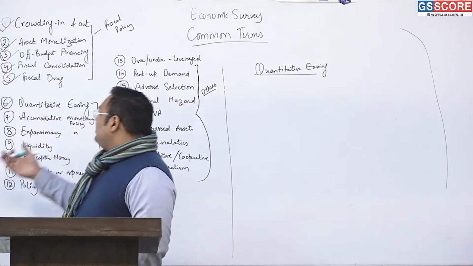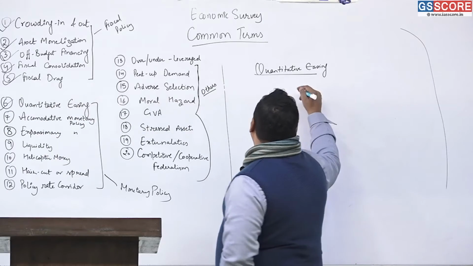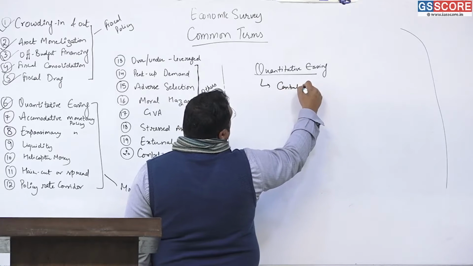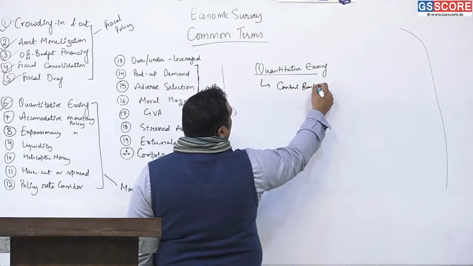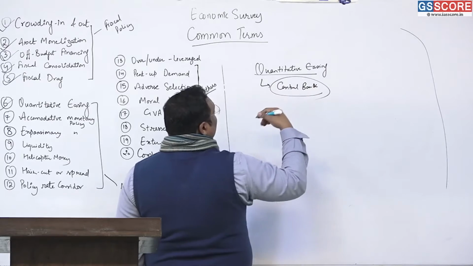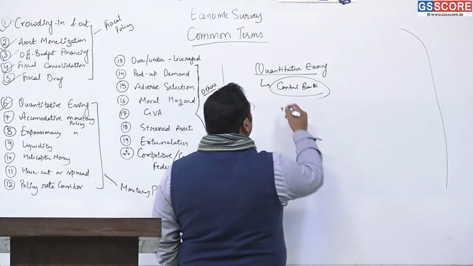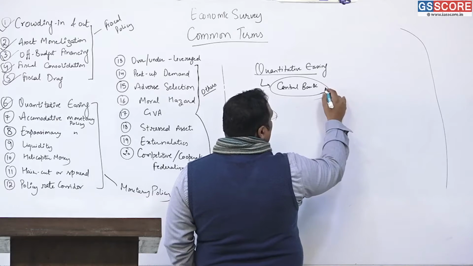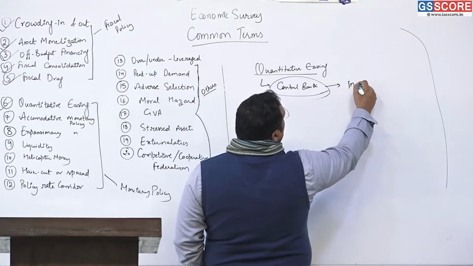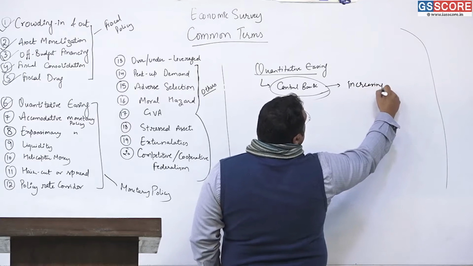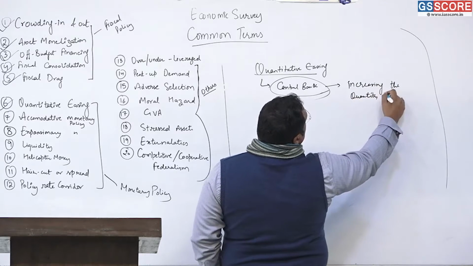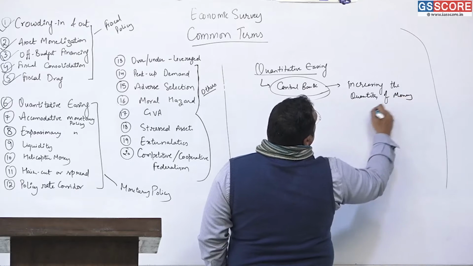Quantitative easing is simply a situation where the government or the central bank, in case of India it is RBI, in some countries it is not the central bank but some other authority, is increasing the quantity of money in the economy.